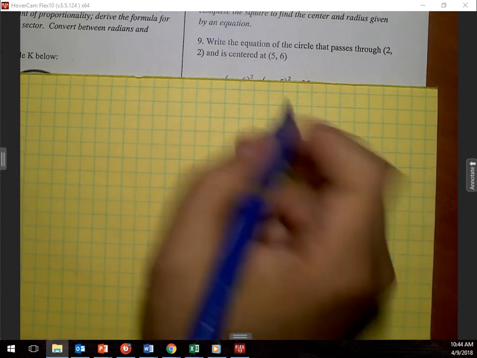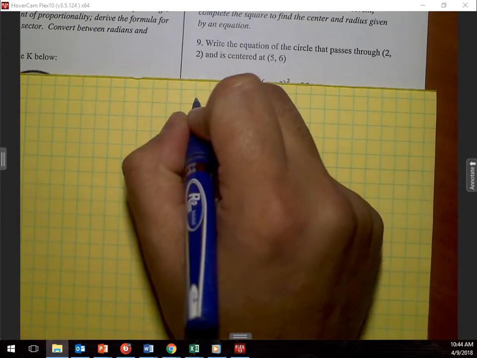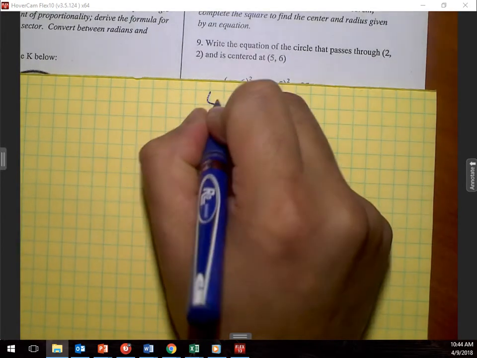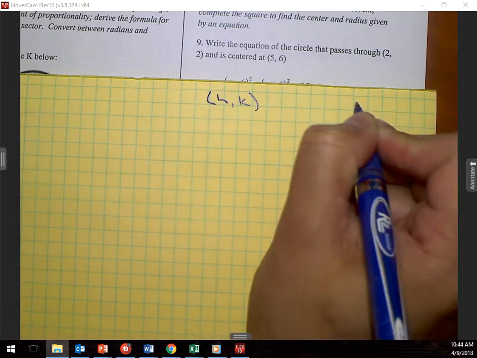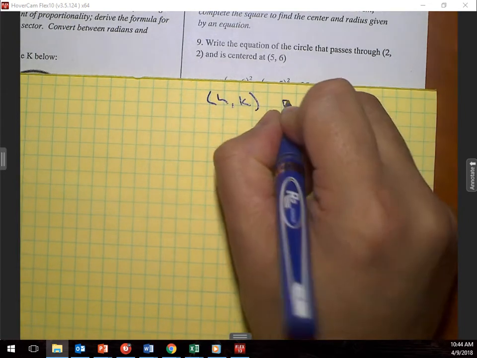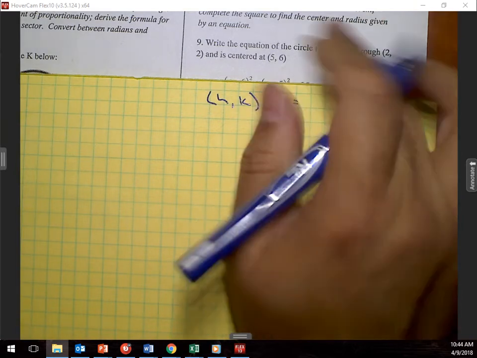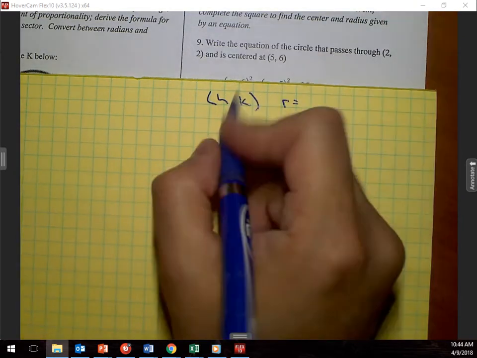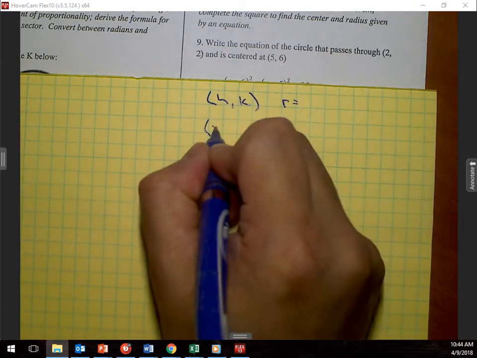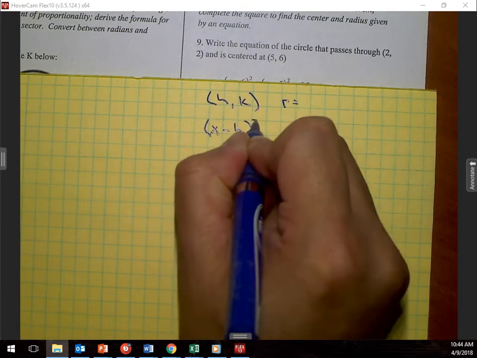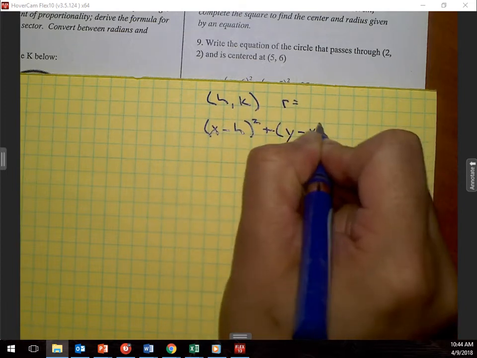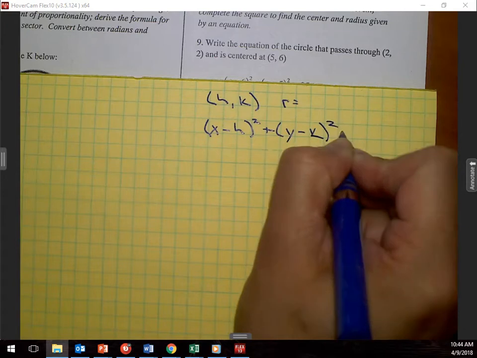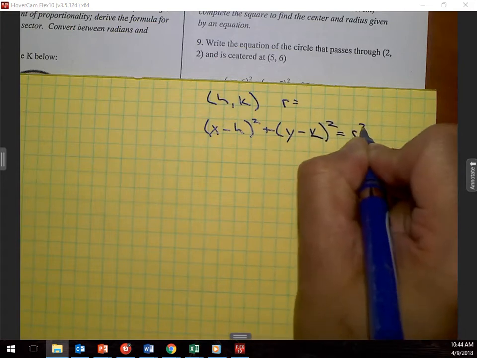So whenever I'm doing this problem, I know for the equation of a circle, I have h comma k, and my radius, it's going to be some value over here, but it's going to be x minus h squared plus y minus k squared equals my radius squared over here.